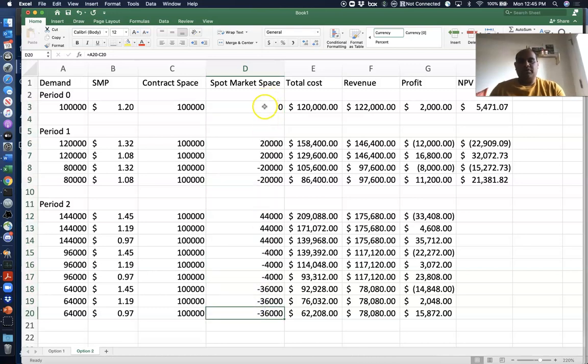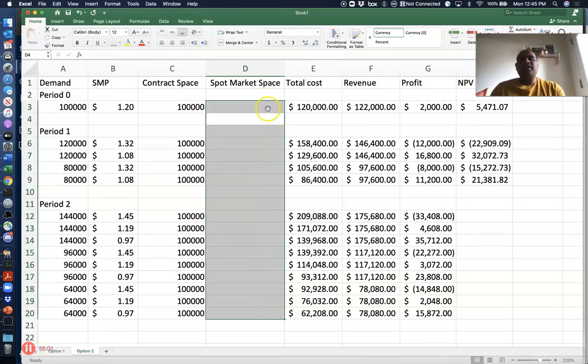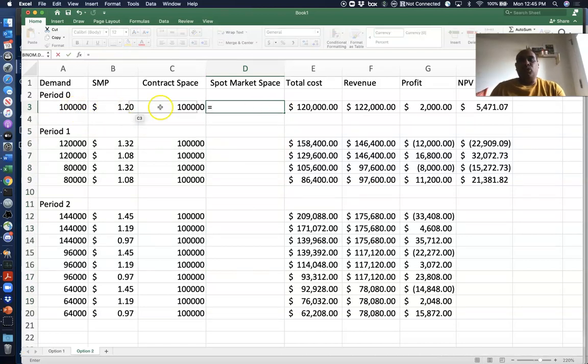Let me get rid of everything. So we are saying that if demand is more than the contract space, then I want the difference to be how much I rent from the spot market. Otherwise, it's just zero. I'm not renting anything from the spot market. If demand is less than the contract space, if the demand that I have is less than 100,000 units, then I don't have to rent anything on the spot market.